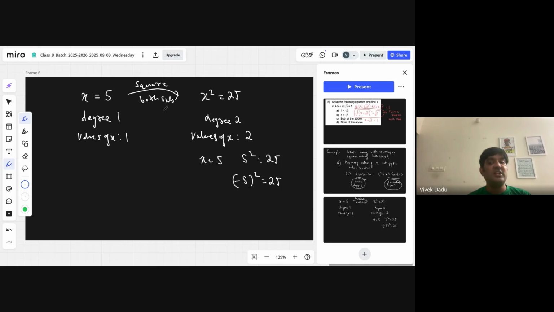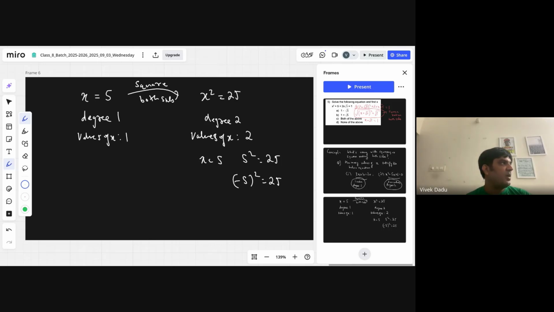You are changing the degree of the equation. An equation which was only supposed to have one solution is now having 2 solutions. So is squaring a fair operation?